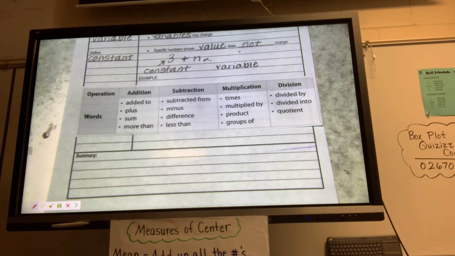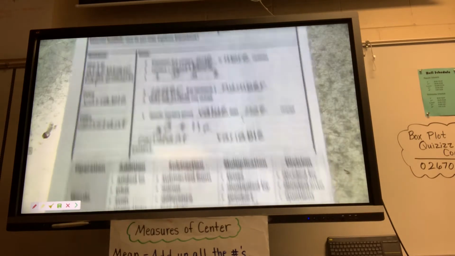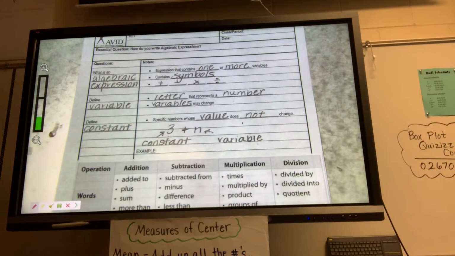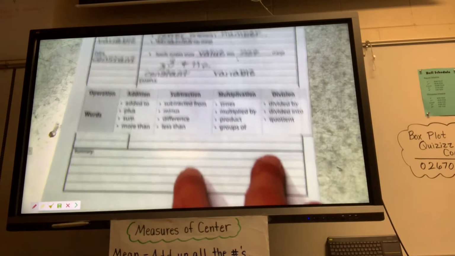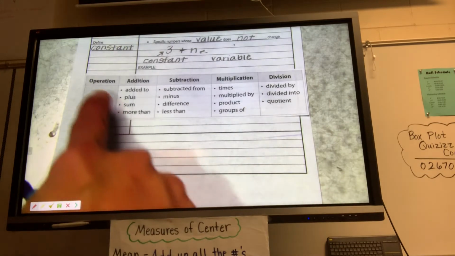Now what we're going to be focusing on, I know I've kind of defined what an expression is and what it involves and some different words that kind of dissect the expression, like a constant and a variable, an operation. So now what we're going to do is we're going to be writing it.